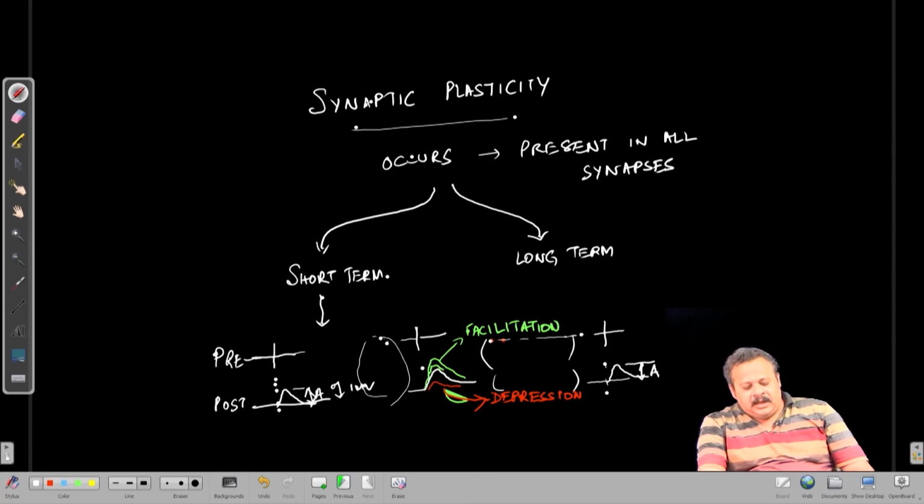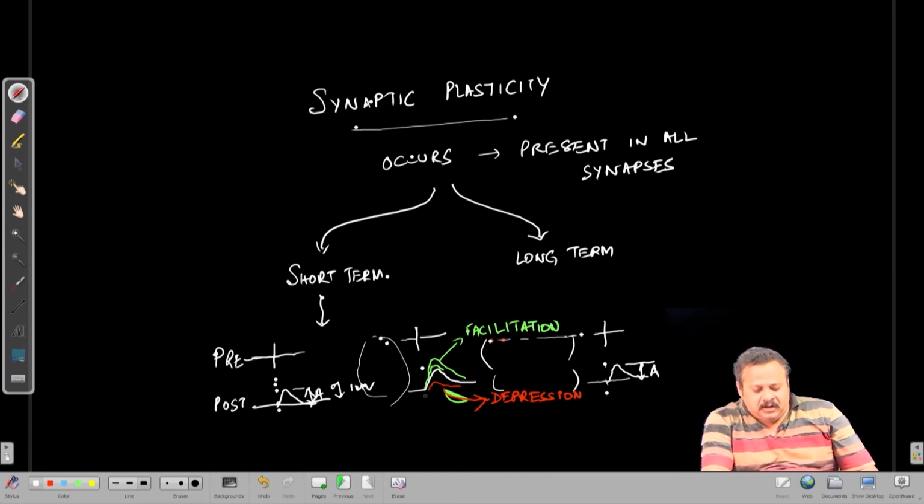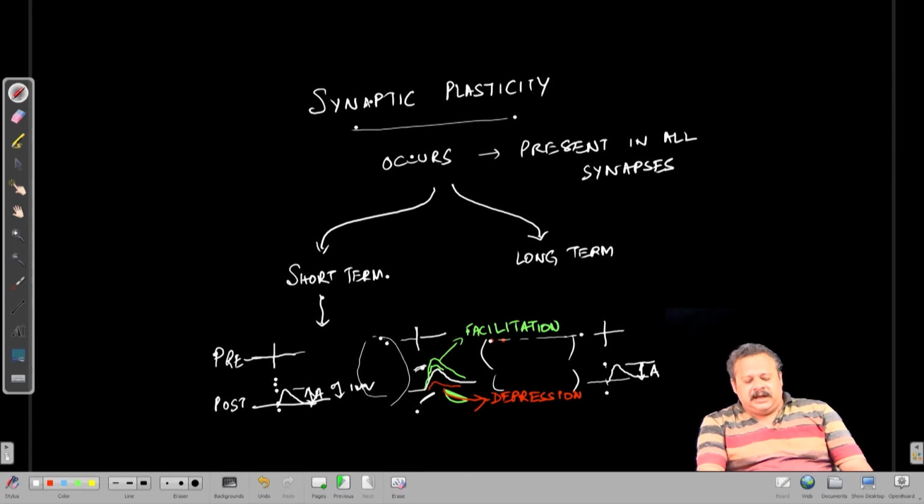So, this period of time where it recovers or it is left undisturbed is of the order of seconds to minutes, and so the effect that we are seeing of depression or a facilitation, either of those, is not long lasting, that is a temporary effect, and we regain our synapse back to the same strength.